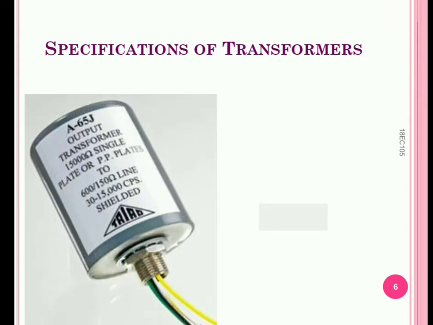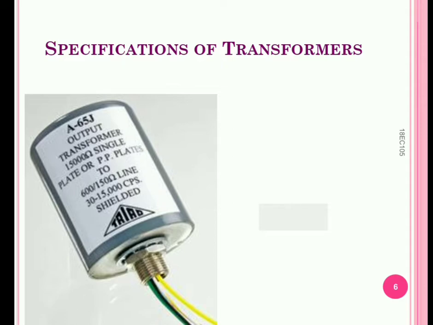Now you can see this is also a transformer. On it is written: output transformer, 15,000 ohms single plate or PP plates to 600 or 150 ohms line.